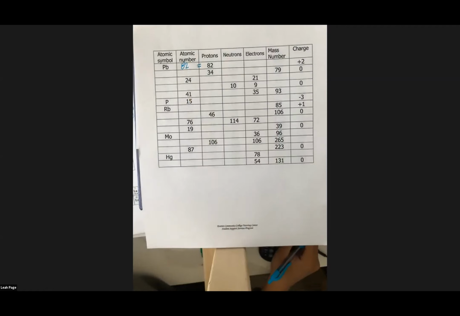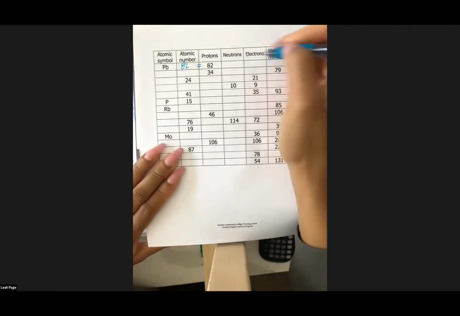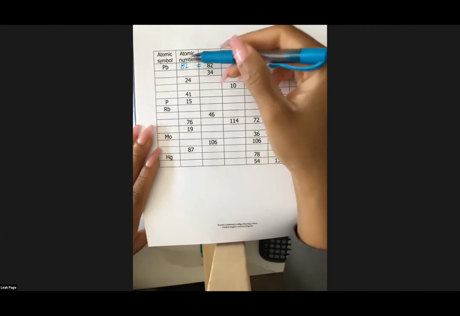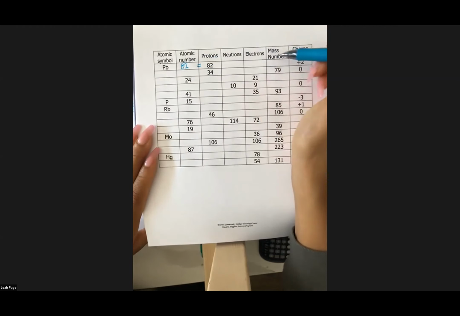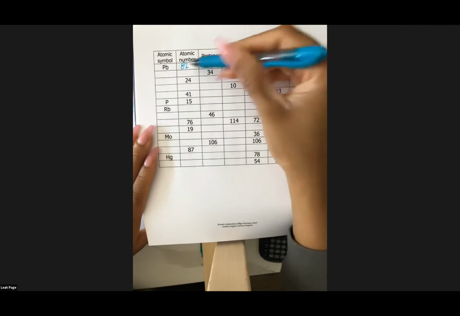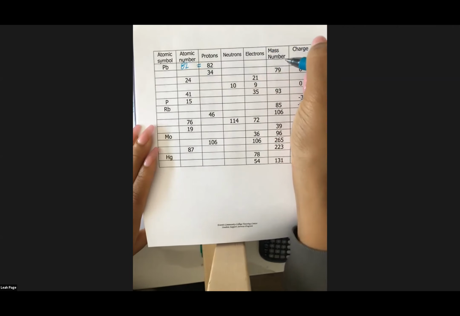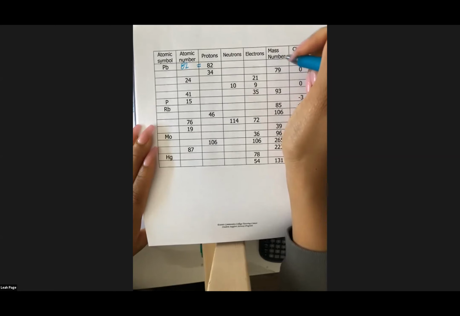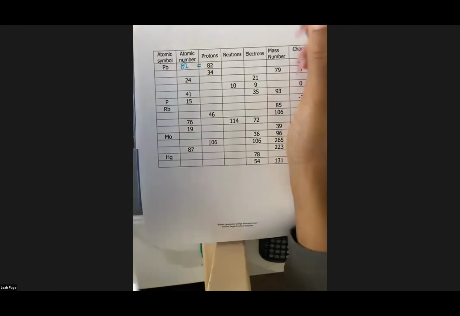So these two columns should match each other. Now, the next question says, what's the number of neutrons, electrons, and the mass number? Now, to figure out the number of neutrons, I need to know the mass number, or vice versa. To figure out the mass number, I need to know the neutrons and the protons. But remember when I said, if they don't give you the neutrons and the mass number, what you can do is you look at lead and then you round its average mass to the nearest whole number.